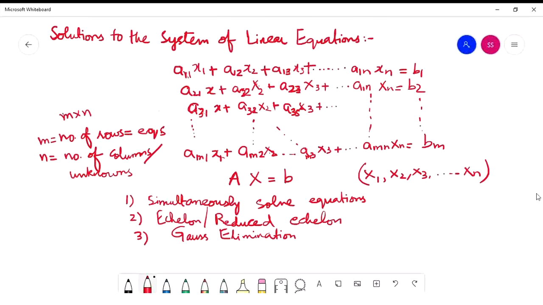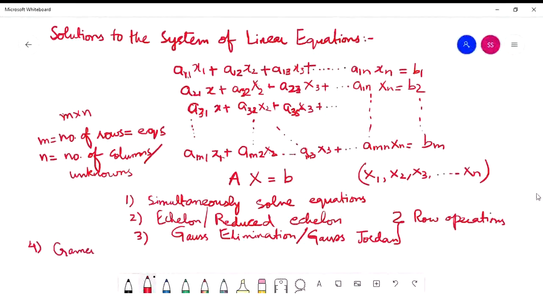Also echelon form, reduced echelon form, Gauss elimination, and Gauss Jordan elimination, which is an extended form of Gauss elimination, all involve row operations, or you can also use column operations if you are convenient. And there are also methods like Cramer's rule. The purpose of all these is to get the values of the variables x1, x2, x3 to xn.